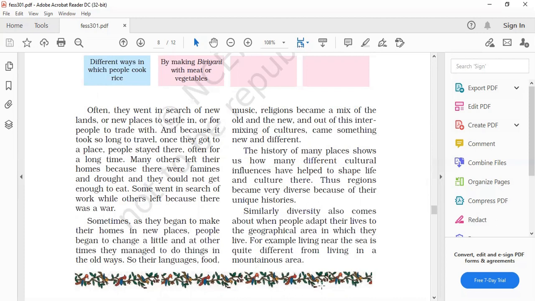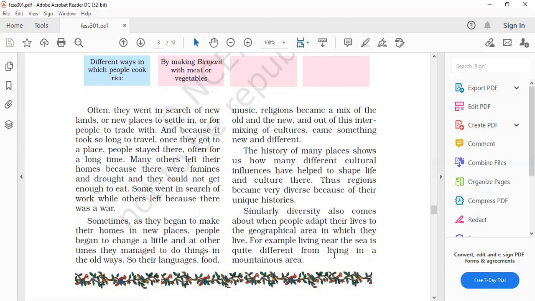Again, then what do you mean by the geographical and historical? See, diversity also comes about when people adapt their lives to the geographical area in which they live. For example, living near the sea is quite different from living in a mountain area. This is another question: why do you think living near the sea is quite different from living in the mountain area?